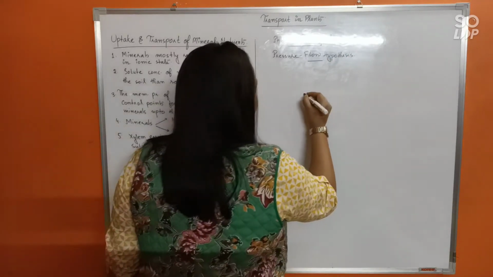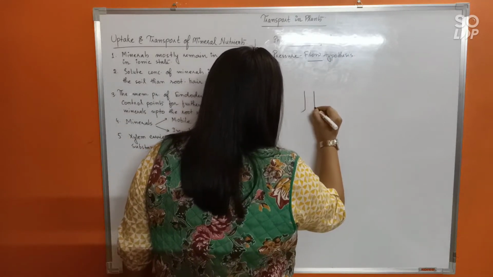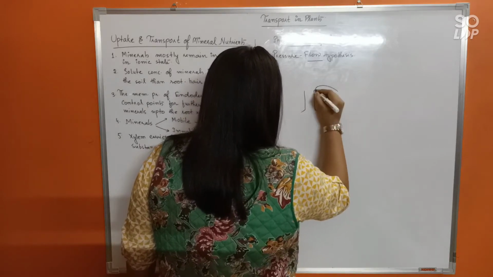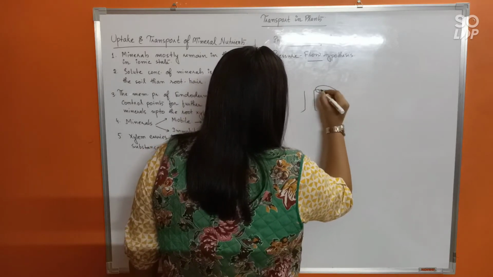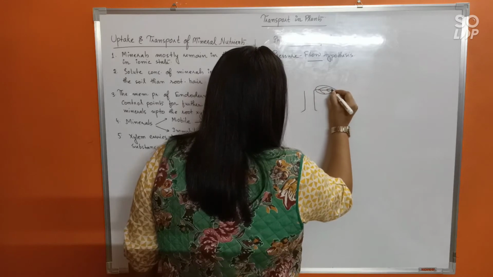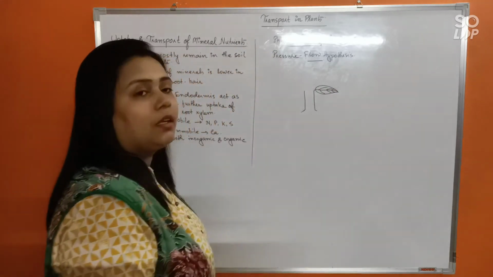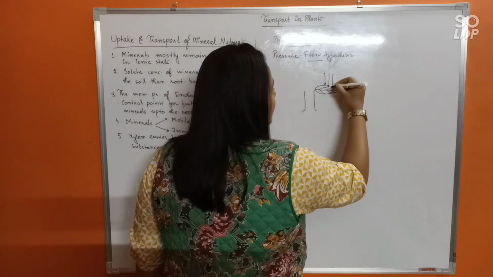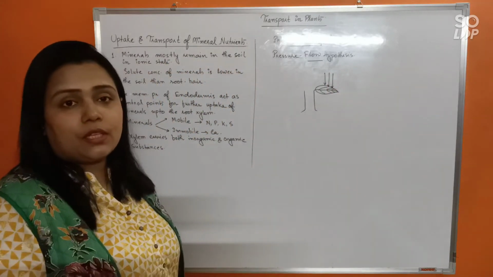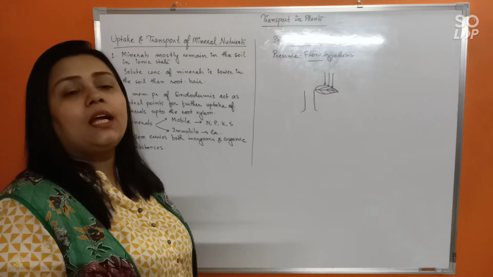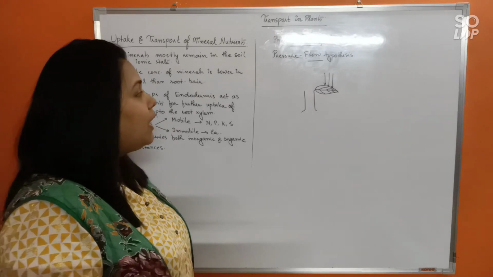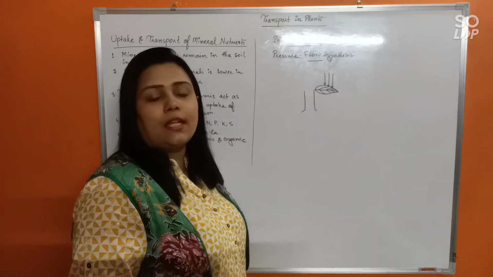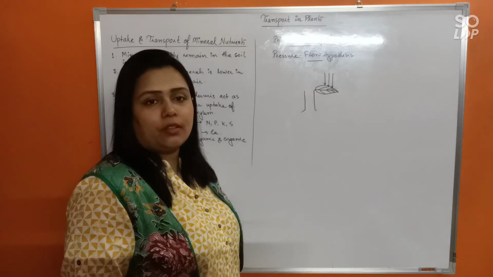See, during the daytime, when sunlight is incident on the leaves, that is, the mesophyll cells are directly getting sunlight, it is at that time that the mesophyll cells continuously undergo photosynthesis.